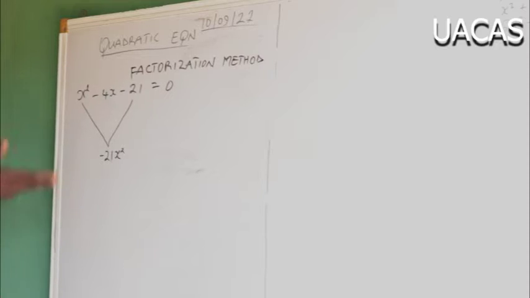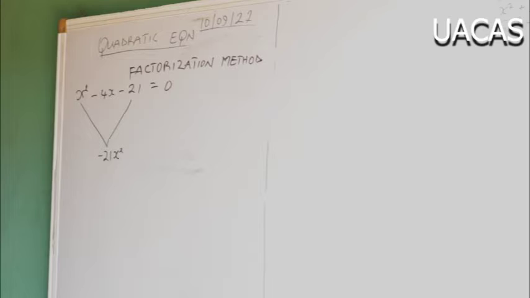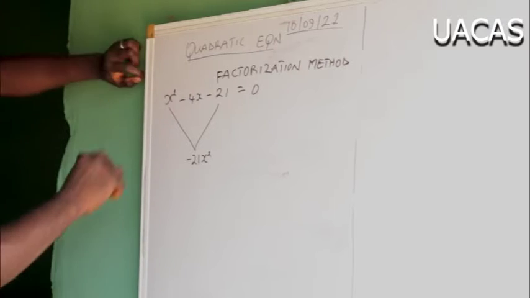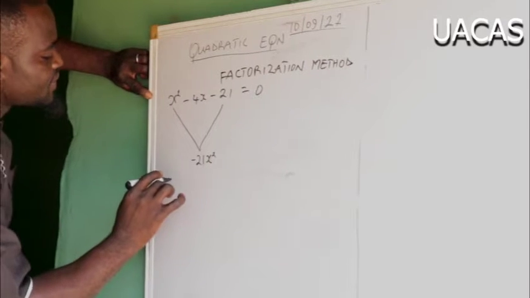Let your work be neat as this. You may not draw this in your question answer sheet, but just get the picture. That is the first term and the last term. So look at it.